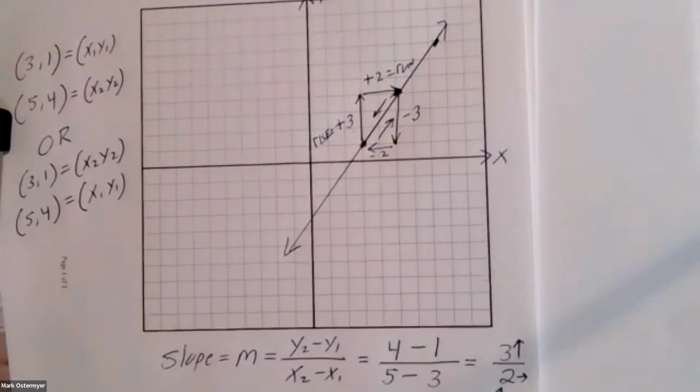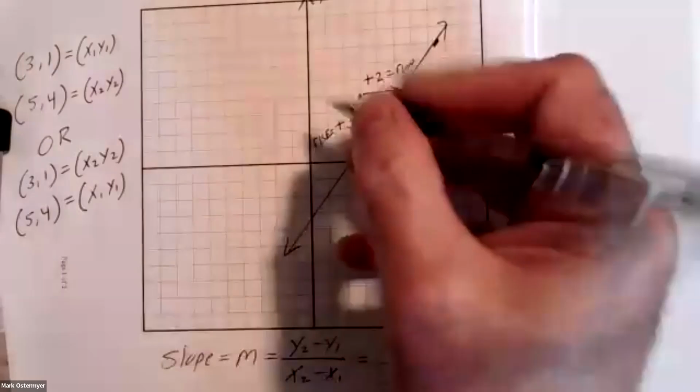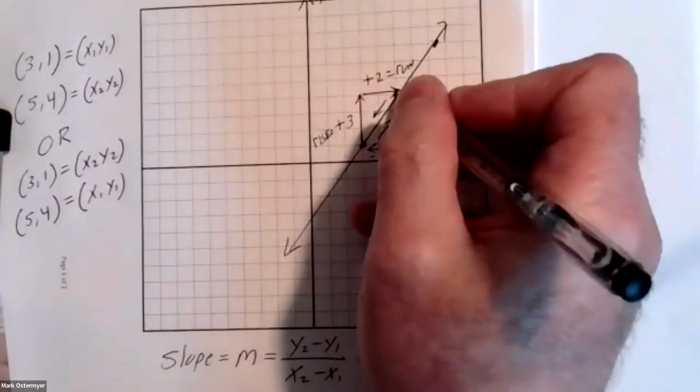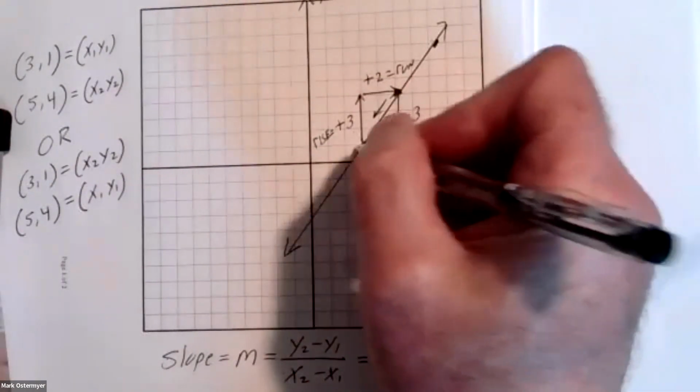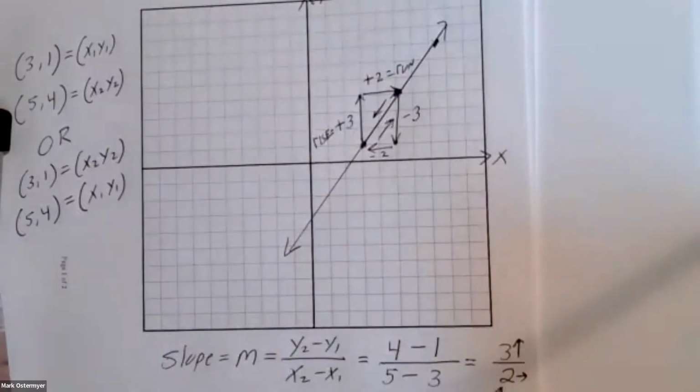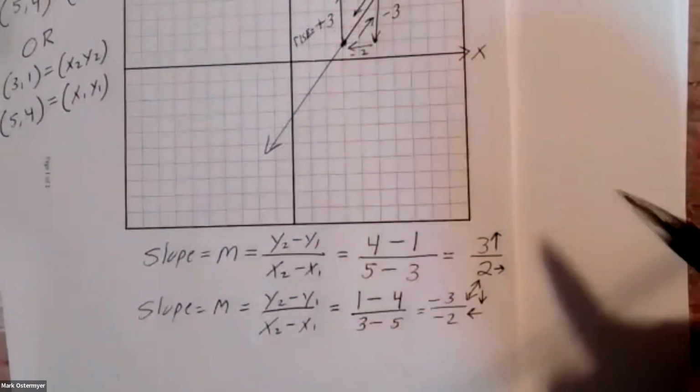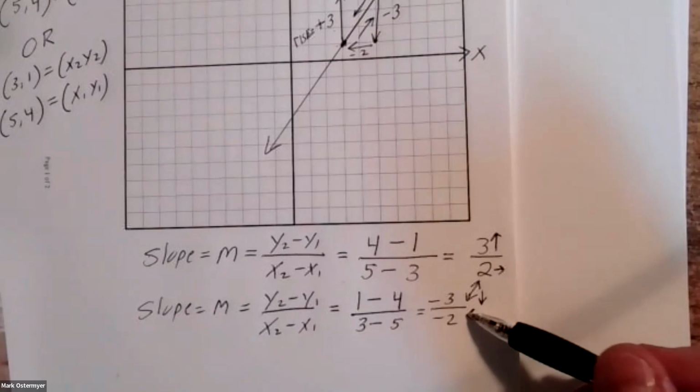Either way, I will still land on the same line. So whether I go up 3 over to the right 2 or down 3 and to the left 2, I will still be landing on the same line. And that's a result of these being equivalent to each other.